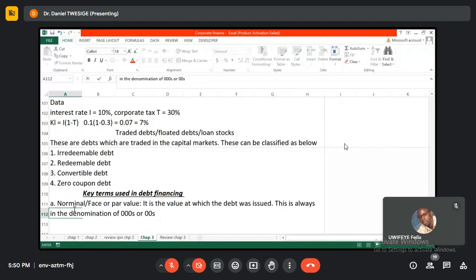Debts are always issued with a face value which is in the thousands or in hundreds.